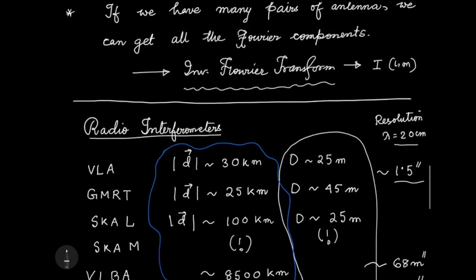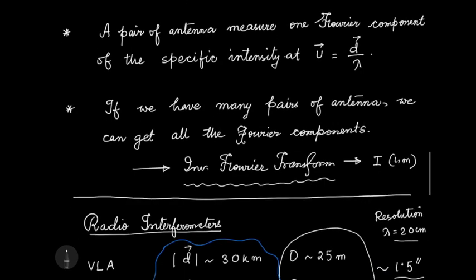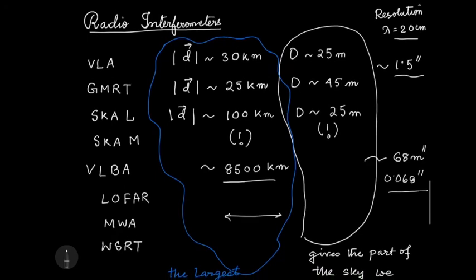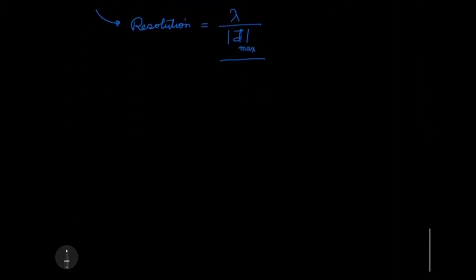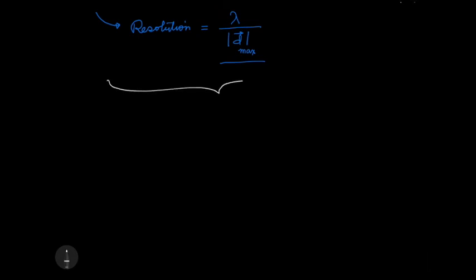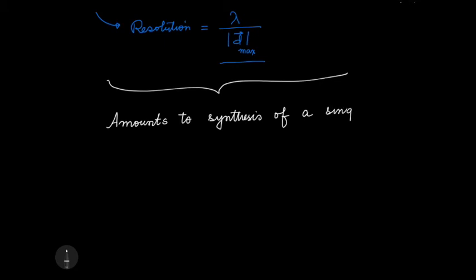Okay. And remember that each pair of these dishes will measure one Fourier component. So what you are essentially doing using this method is synthesis of a single dish antenna.